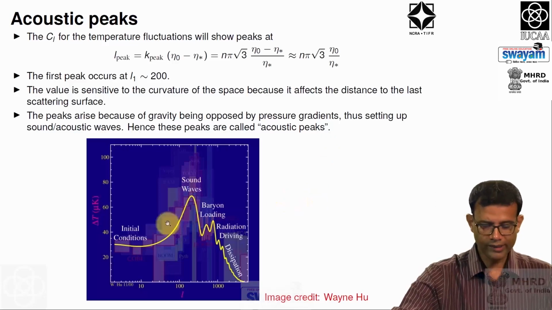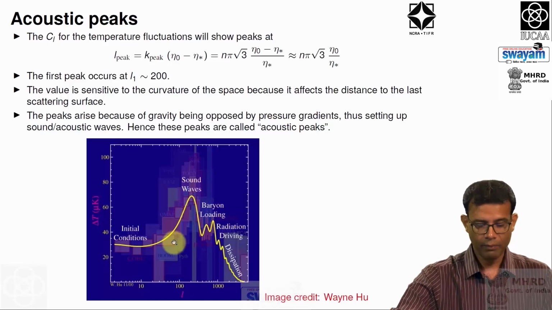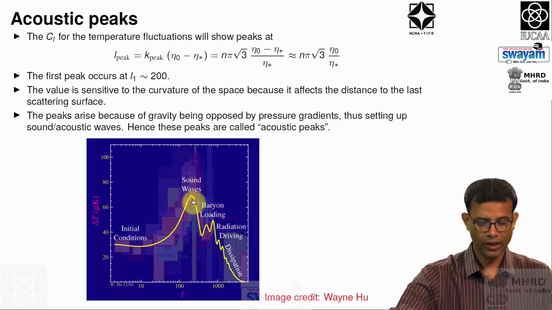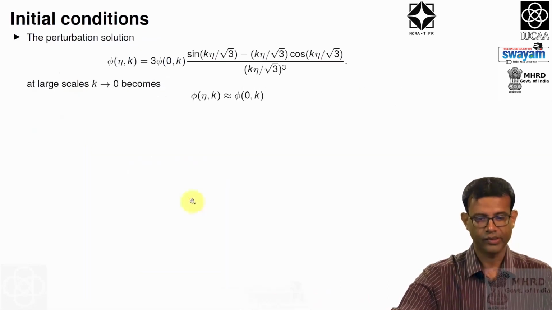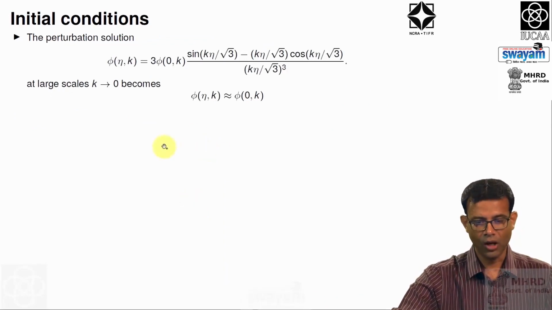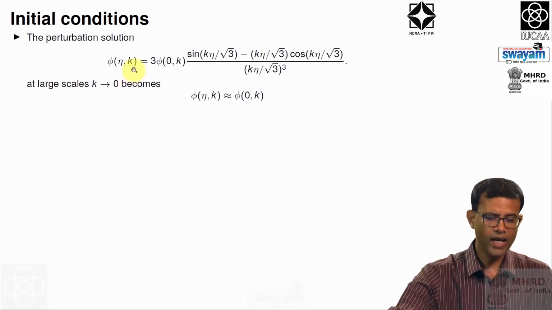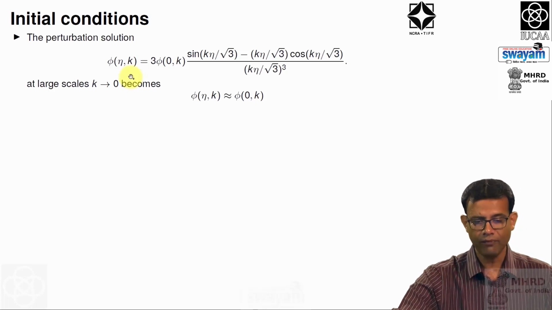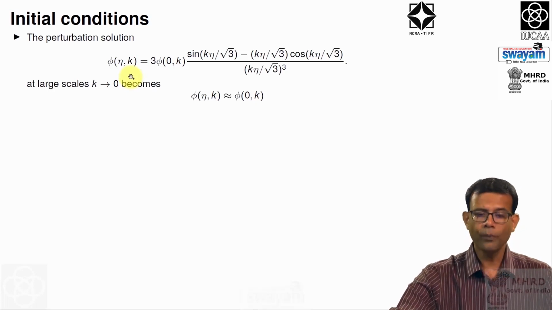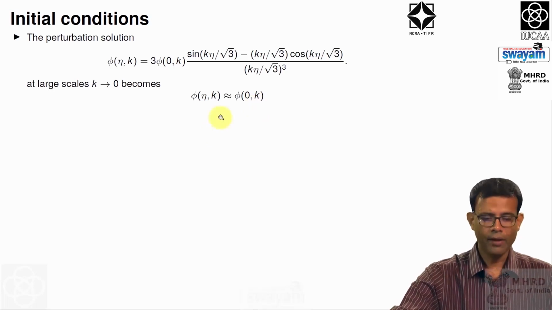So, you can see you are already starting to quantitatively explain the behavior of CMBR anisotropies, at least the statistics of them. There are many other aspects of this plot. For example, if you take the perturbation solution at very large scales, meaning I have to take very small k, so you put k going to 0, you will find that phi is given by the value of phi at eta equal to 0 for the same k.